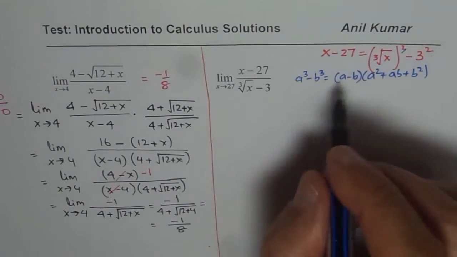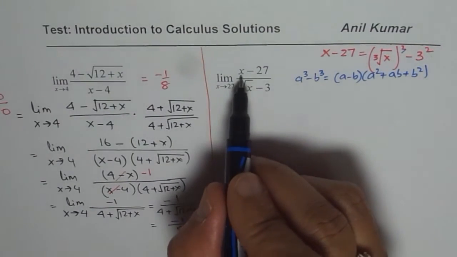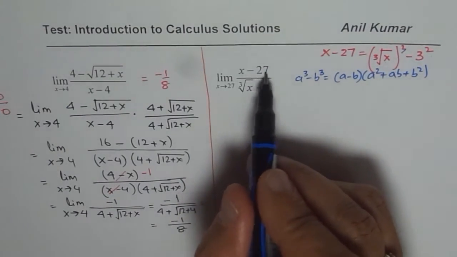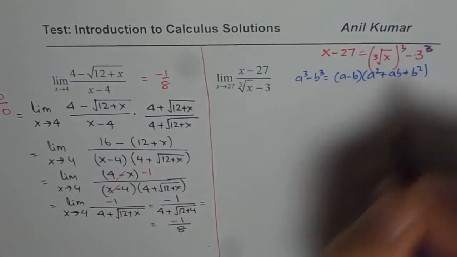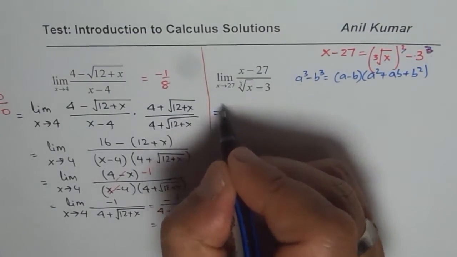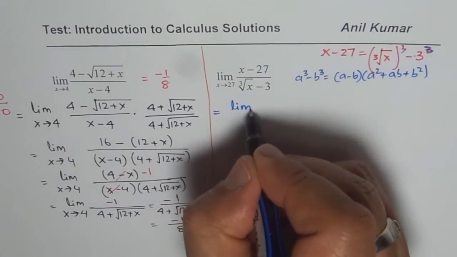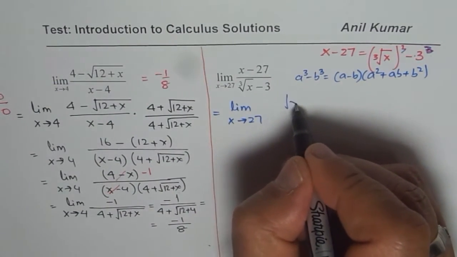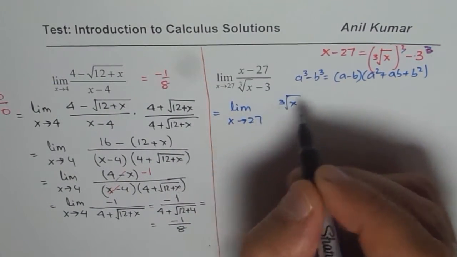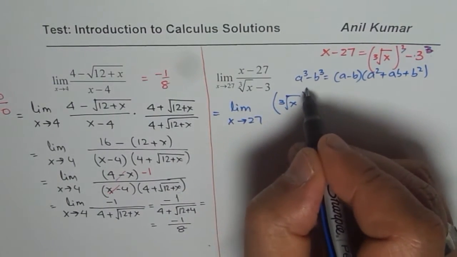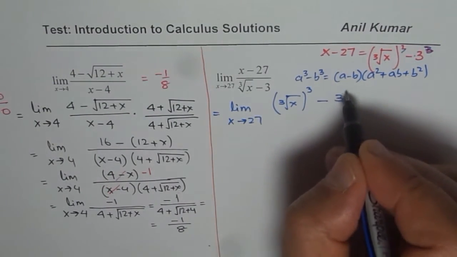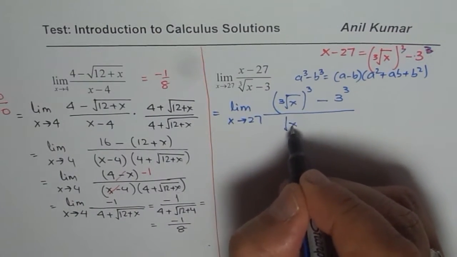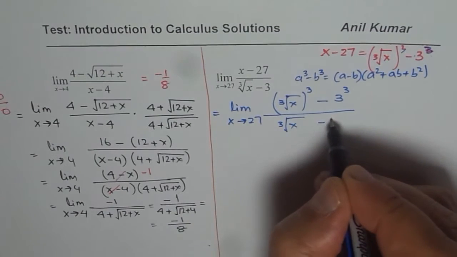So let us expand using this formula. I've written x as cube root of x whole cube and 27 as 3 cube. Anyway, let me rewrite this. We'll write this expression as limit x approaches 27 of cube root of x whole cube minus 3 cube, which is 27, divided by cube root of x minus 3.